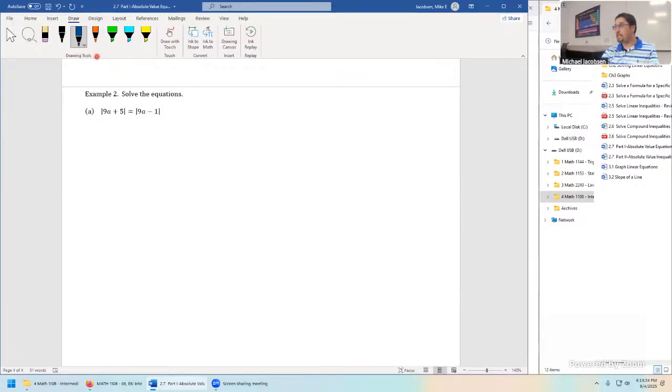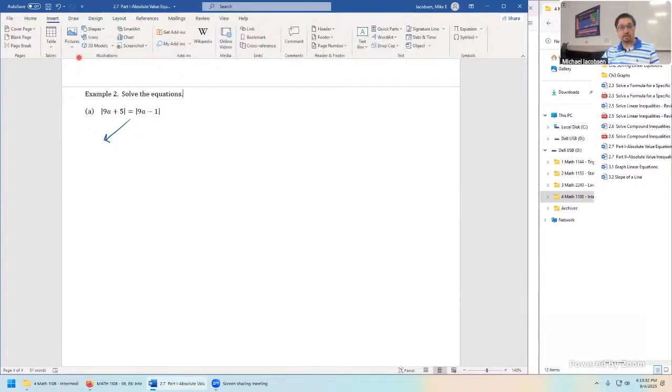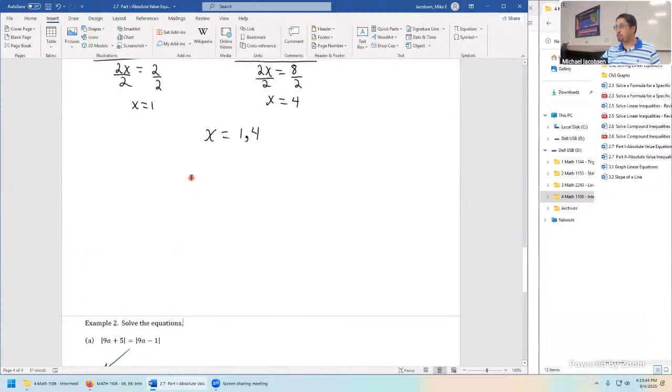So the very first step we take is split into 2 equations like before. The first one is going to involve a negative sign, and that's where the parentheses become really critical. We drop absolute values on the left, so it's 9a plus 5 equals. On the right, let's look by analogy at what we did above.